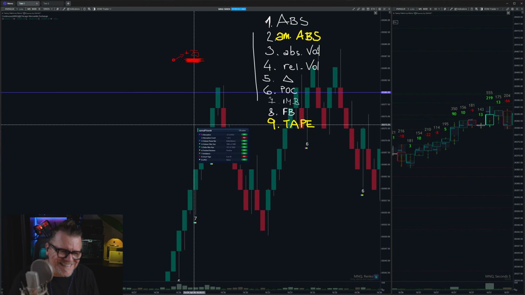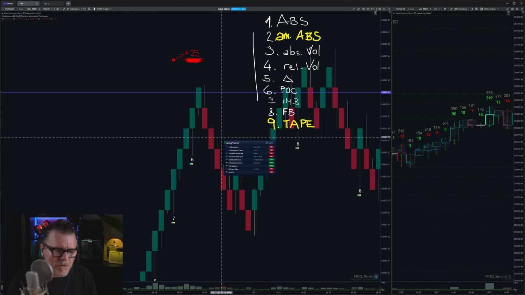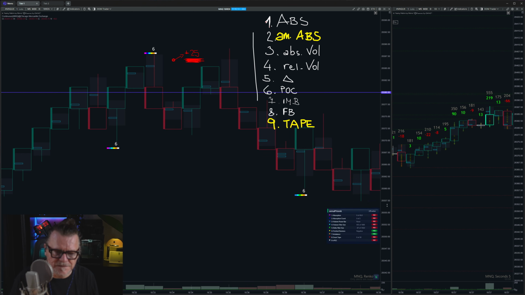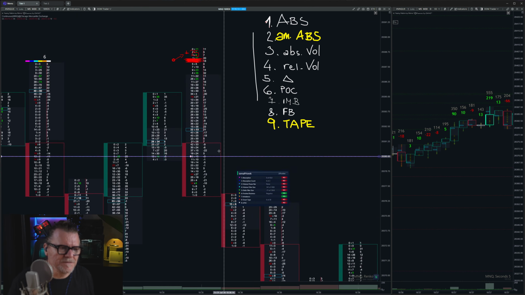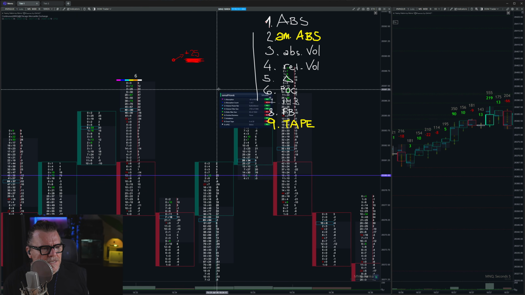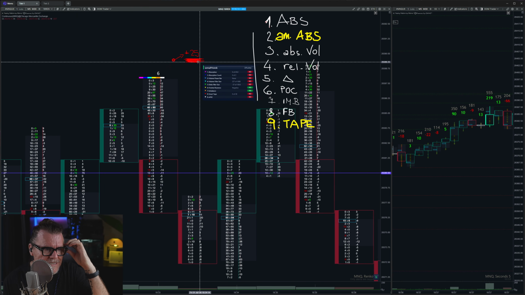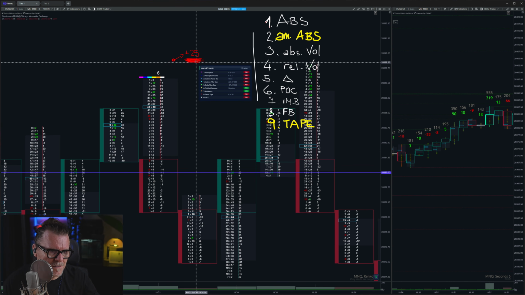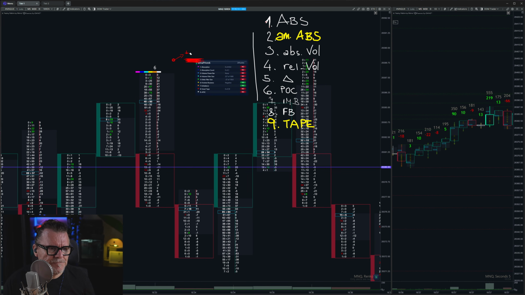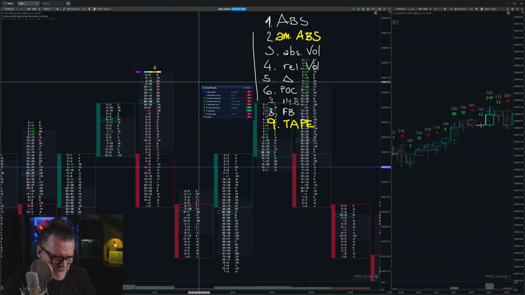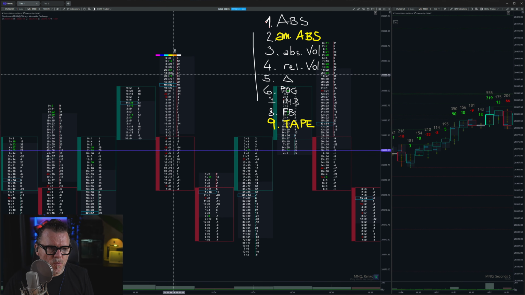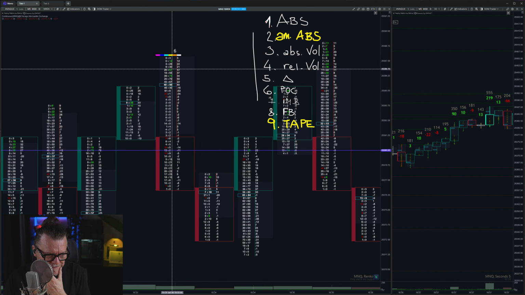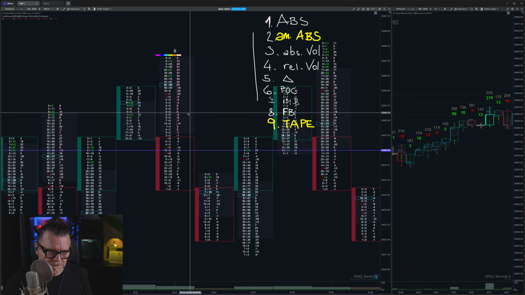Here, okay, we have the numbers. Yes, that is the absorptions. So, the idea is that you want to see high numbers on the right side of the footprint at the top of the swing.